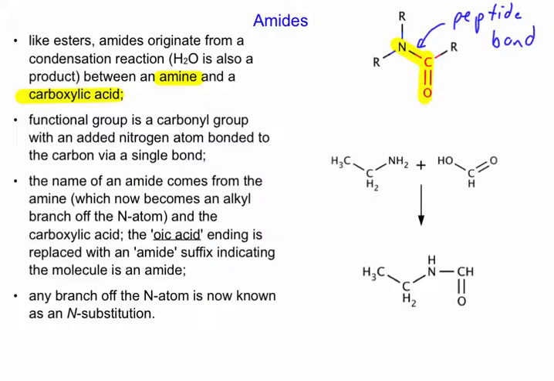The component that originates with the amine is going to have the N bonded to it, and it may have an H, it may not, it depends. But this originates with the amine, and that becomes an N branch, and so that's what I have written down here. It becomes an N substitution, and I'll show you how to deal with that in a second, but that's an N branch, so you've not heard of that before.